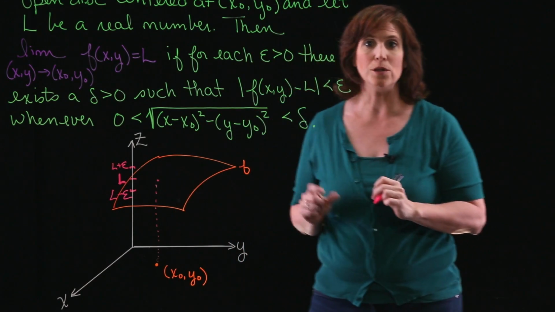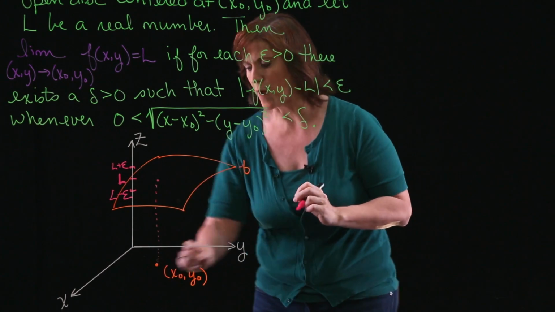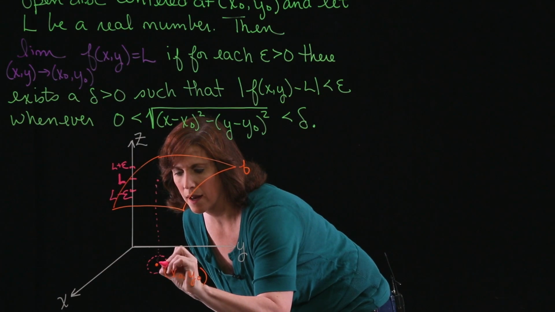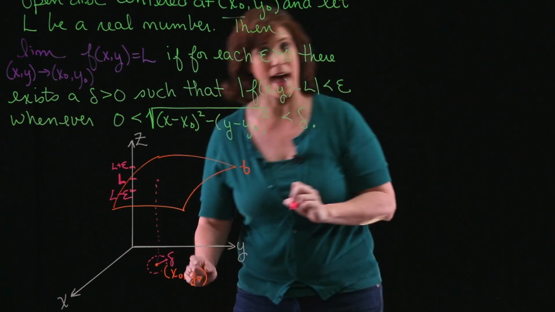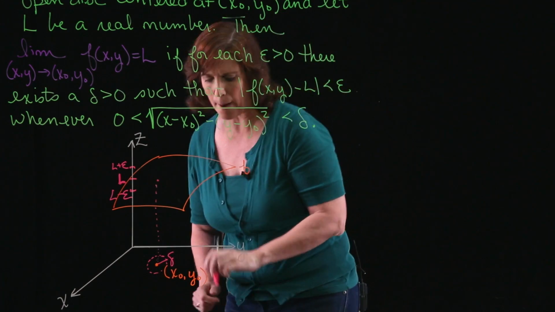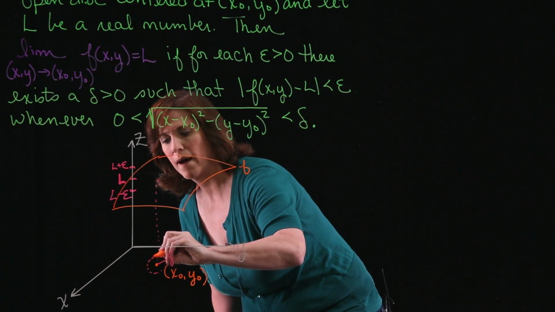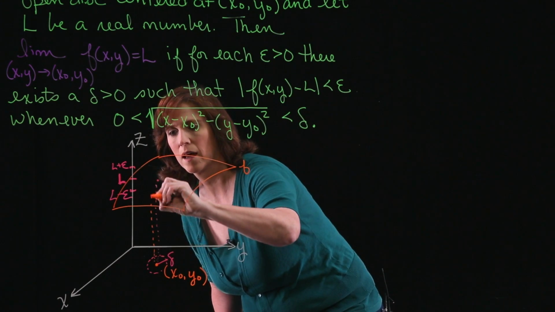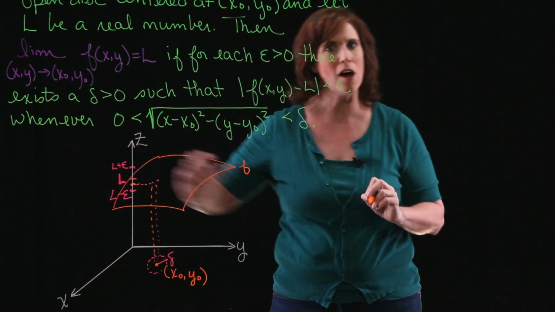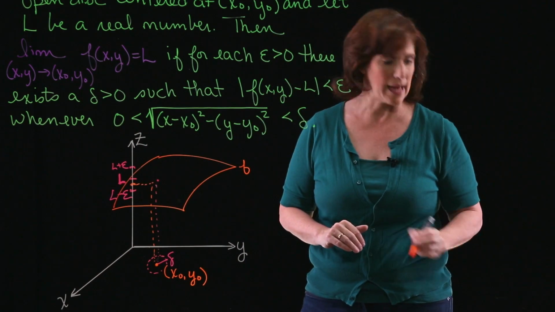No matter what I choose, I will be able to find a delta that describes the radius of a circle so that if I pick any point in that circle and I move up to my surface and across, the answer is going to be within those tolerances, everything between L plus epsilon and L minus epsilon.